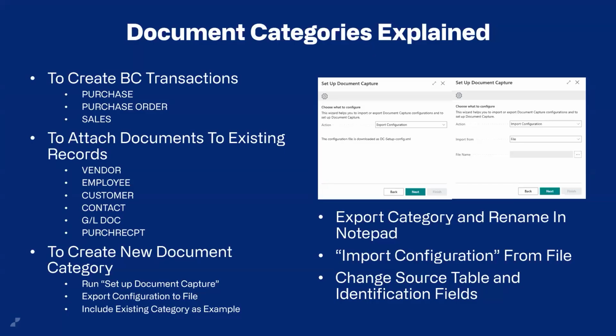If you actually wanted to create a Business Central transaction from a new document category, it would involve some development, and you might need to reach out to our technical resources at Continia to talk through your developers to figure out what are the technical implications of creating a new document category where you want to create a different type of transaction, because obviously there's some code and code units, and we need to extend our functionality to do something different in that way.